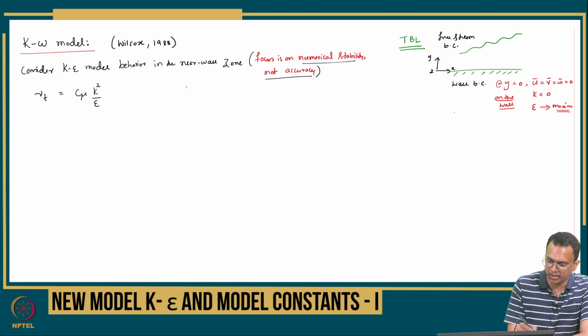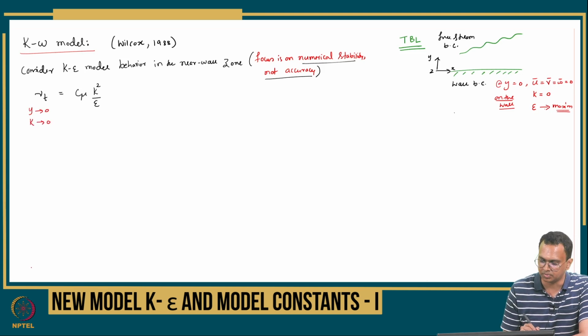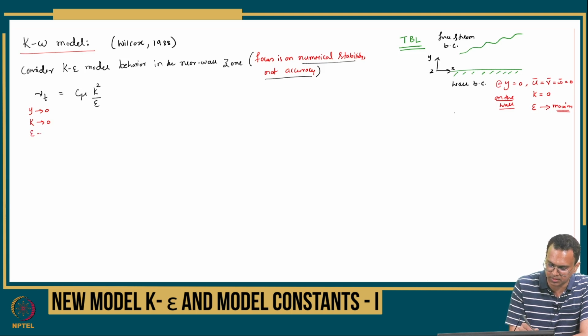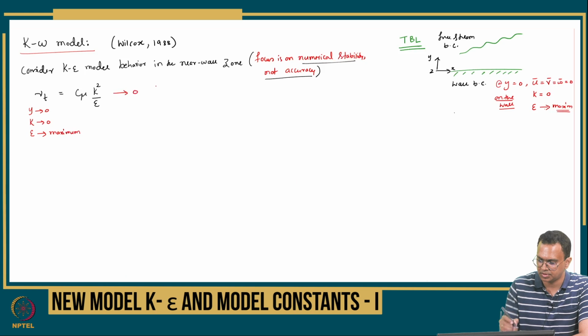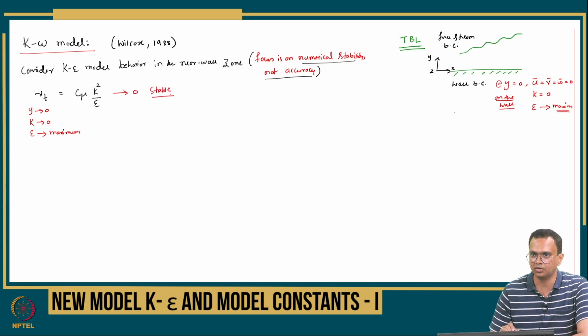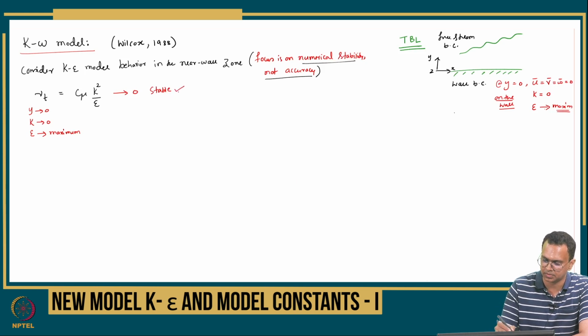As y goes to 0, that means as you approach the wall, your K goes to 0 and epsilon goes to maximum. So what will this approach? 0 only, since epsilon goes to maximum. So mu t approaches 0, stable. I am not looking into the accuracy issue here, only looking into whether it's numerically stable. So this is completely fine here.